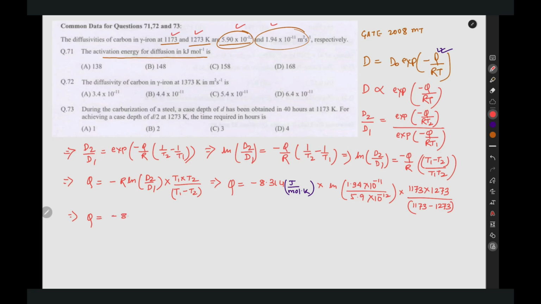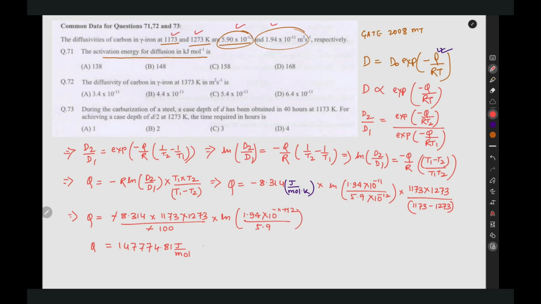So Q equals minus 8.314 into 1173 into 1273 divided by minus 100 into ln of 1.94 into 10 to the power minus 11 plus 12 by 5.9. My negative sign will get cancelled. After solving in the calculator, we will get Q equals 147744.81 joule per mole.